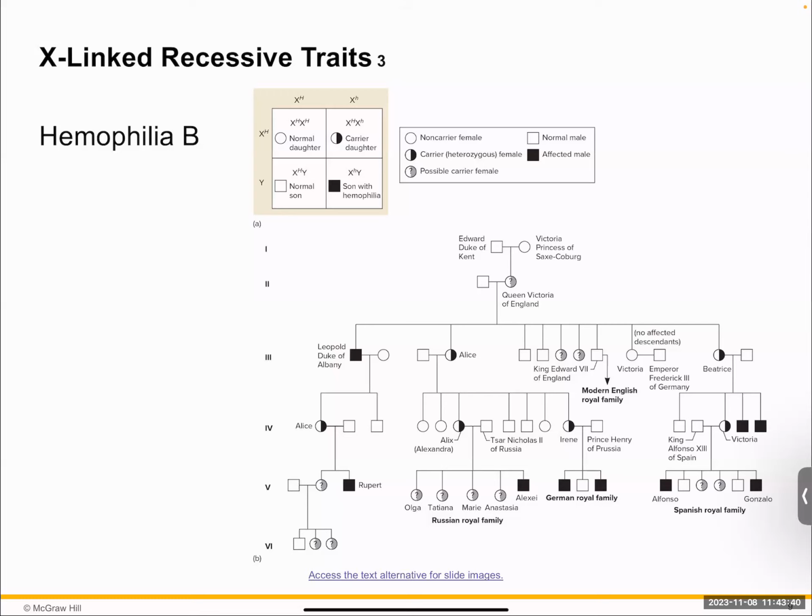Again, because it's a recessive trait, we're going to represent it with H. In this scenario, this is a female and both copies are dominant, which means there is no hemophilia in this individual. This is an example of a male with no hemophilia, because he has the X copy, but the X is the dominant version of the gene.